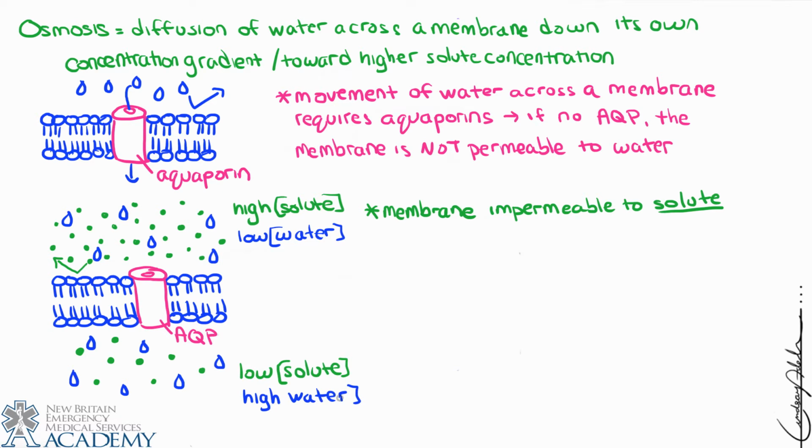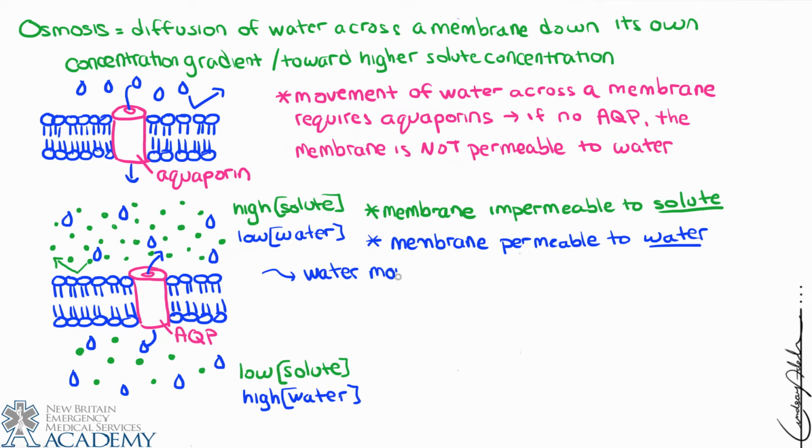The membrane is permeable to water because of the presence of the aquaporin channel. And so water is going to move down the water gradient from an area of high water concentration to an area of low water concentration. So it's going to move through the channel towards the low water.